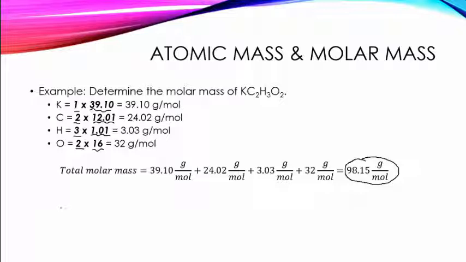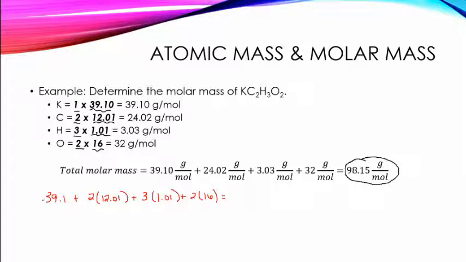If 2 steps is clear for you, great, stick with that. If you want a quicker way, we can literally just say 39.1 plus 2 times 12.01 plus 3 times 1.01 plus 2 times 16. So I can go through and do this all in 1 step.